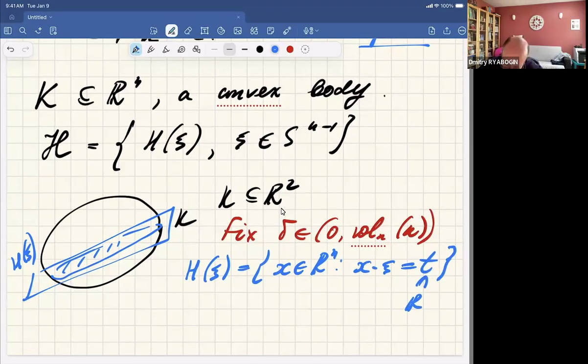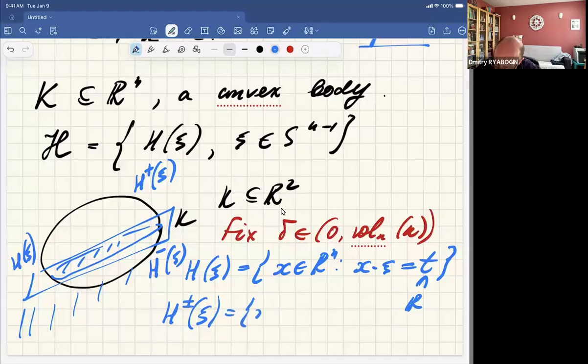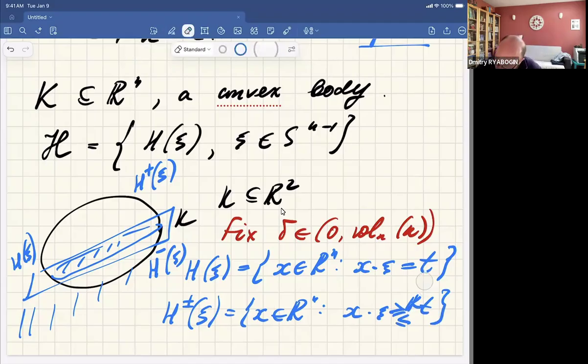And I'm going to think that this is the water surface, okay? So this is the underwater part, I will put h minus of psi, and the above the water part, the half space, is h plus of psi. So I'm going to define h plus minus of psi. This is x from Rn so that x dot psi is greater or equal than t, or less or equal than t.